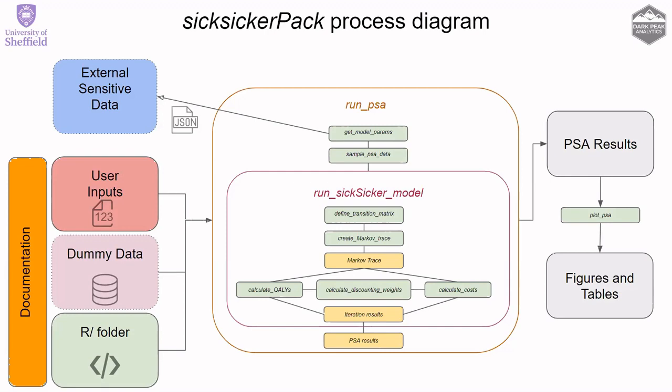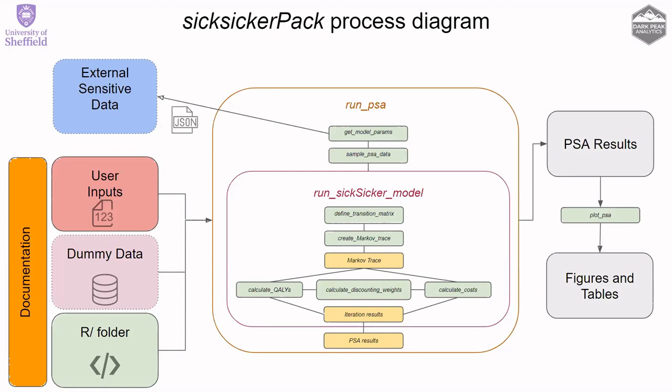After finishing, the run PSA stores results in the form of a table, which is then further processed by an interface function called plot PSA, which transforms the outputs from the run PSA into outputs suitable for consumption by a function from a different package, the Bayesian cost effectiveness analysis function by Luca. And then it spits out the figures and tables of cost effectiveness PSA results.